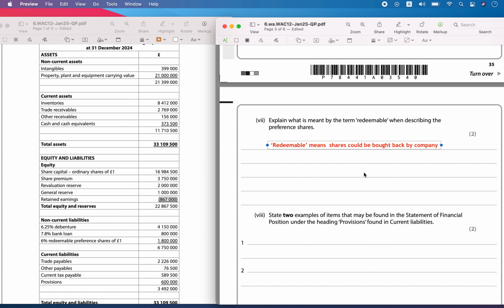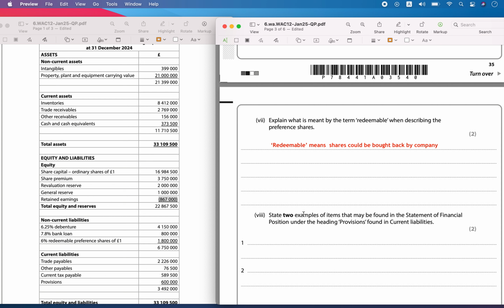The company can buy back the shares, and you can get your money like that. It means the shares can be redeemed or bought back by the company. That is what redeemable preference shares are.